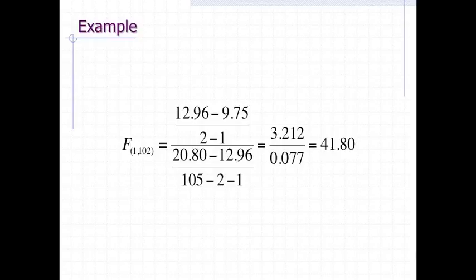Therefore, the sum of squares for the reduced model is the sum of squares when university GPA is predicted by SAT. This sum of squares is 9.75. The calculations for F are shown here. The degrees of freedom are 1 and 102. The F distribution calculator shows that p is less than 0.001.